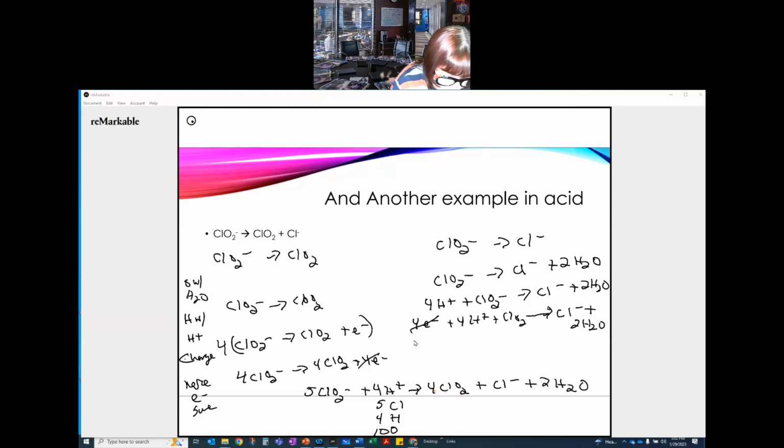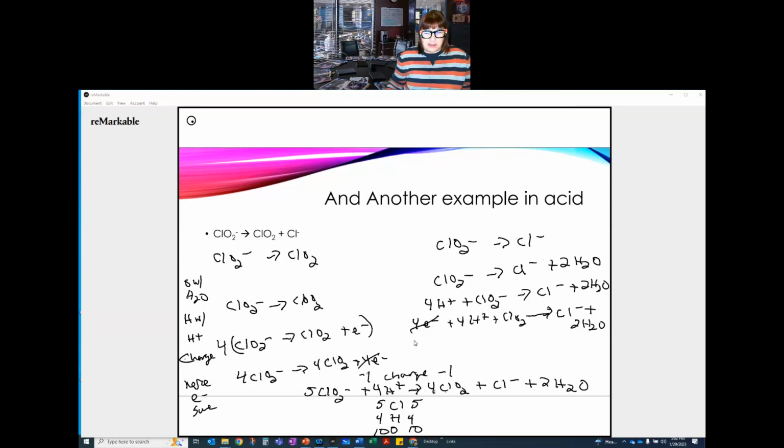I have 4 chlorines and 1 chlorine, that's 5 chlorines. I have 4 hydrogens, and 4 times 2 is 8, plus the 2 is 10 oxygens. My charge on the reactant side is -1, because I have 5 minus the 4, that's a -1, and on my product side it's also -1.